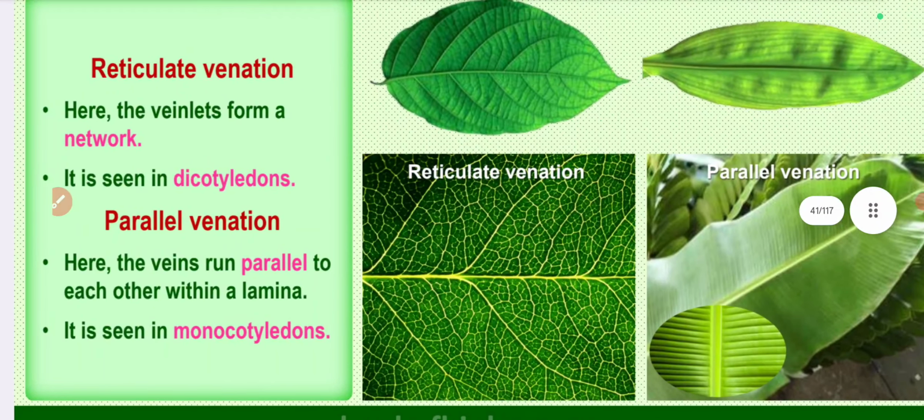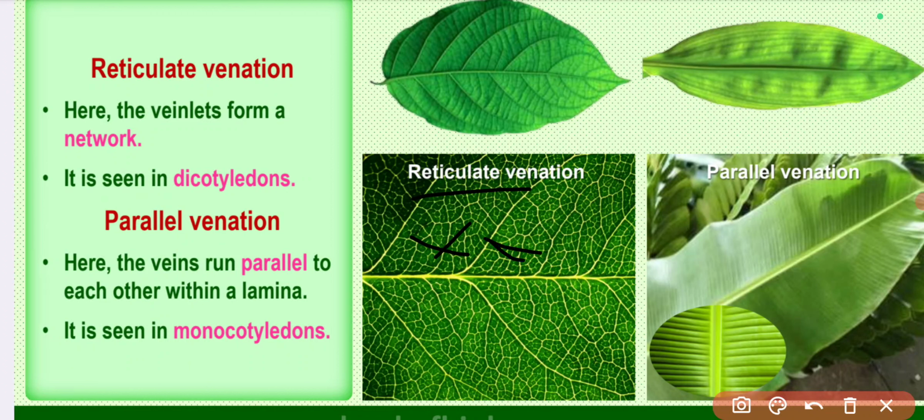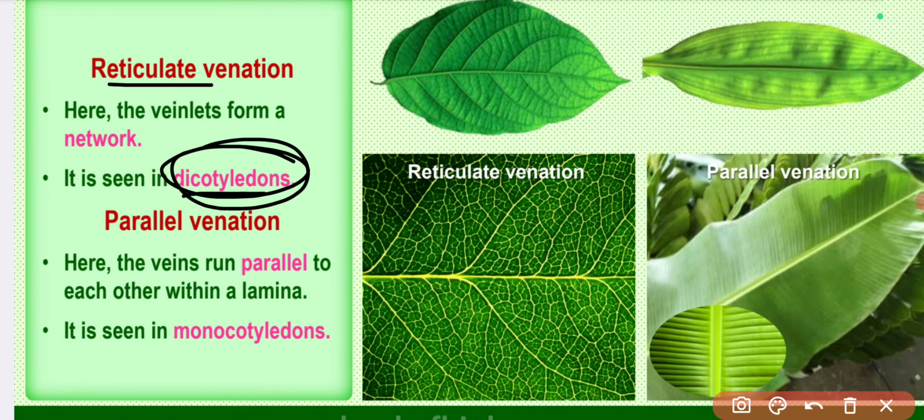Here the veinlets form a network. As you can see in the diagram, the veinlets form network-like structures like this. It is seen in dicotyledons. So reticulate venation means that the plant is a dicot plant. No need to break the seed into two halves, or to see the main root.